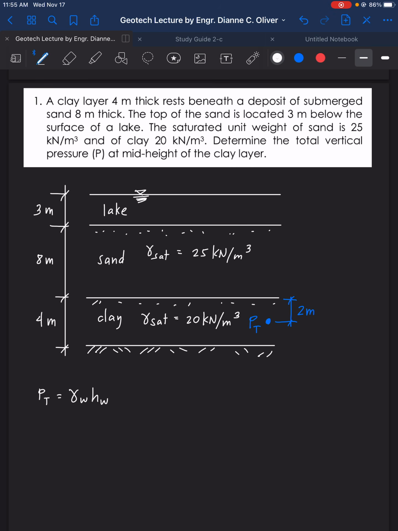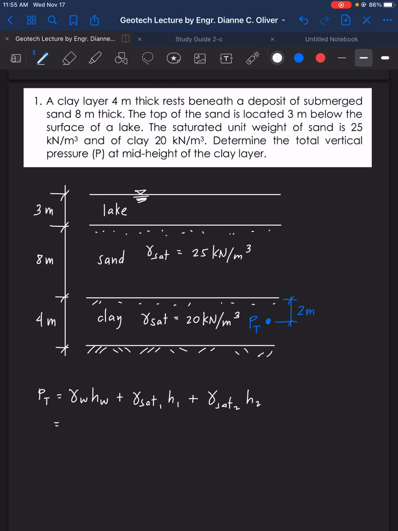So how high is that height of water? So later on, then plus the sand, the soil here. Okay, so we have it as gamma sat 1 H1 plus gamma sat 2 H2.